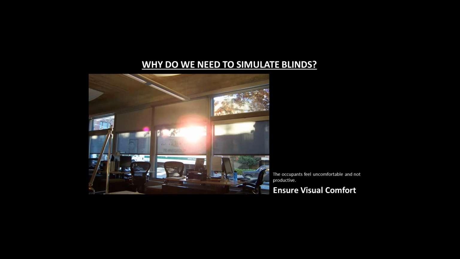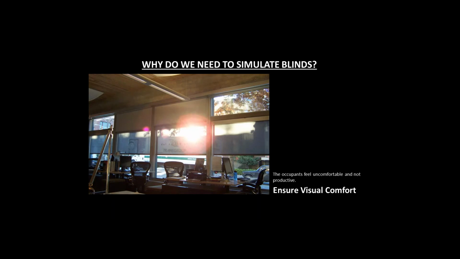And why do we need to simulate blinds in our models? The first and main reason is glare and visual comfort. When I sit at a desk and have direct solar in front of me, I feel uncomfortable and unproductive.